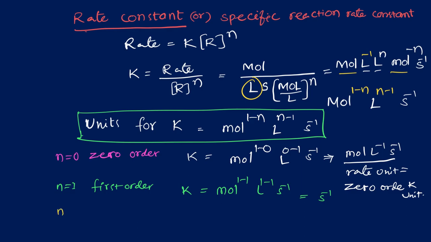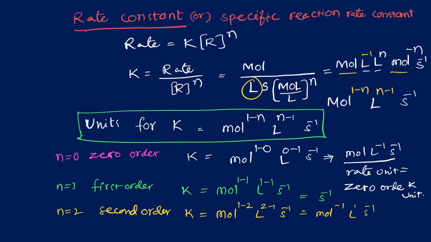Next one, n equal to 2, second order reaction. K is equal to mole 1 minus 2, liter 2 minus 1, second inverse. This can be written as mole inverse, liter 1, second inverse.